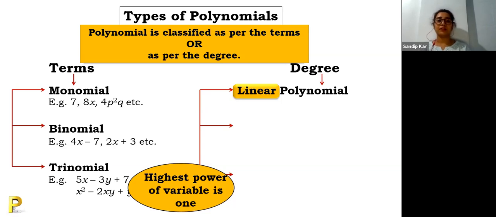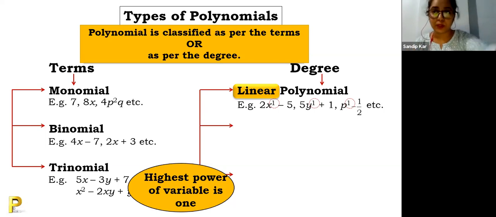If the degree of the polynomial is 1, it is a linear polynomial. Examples are 2x minus 5, 5y plus 1, p minus 1 by 2. In all three examples, 1 is the highest power. Therefore, these are called linear polynomials.